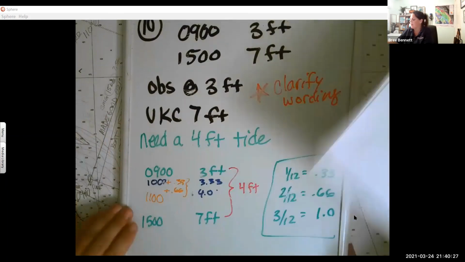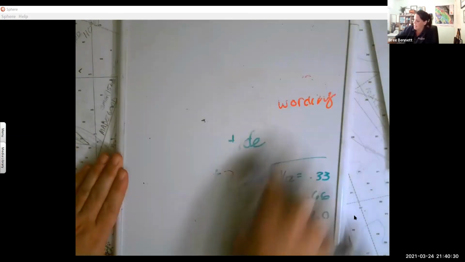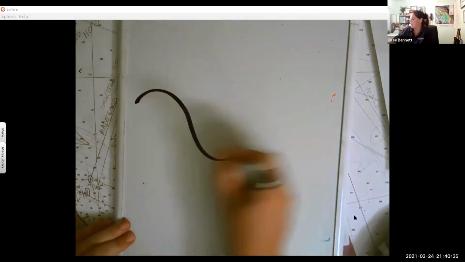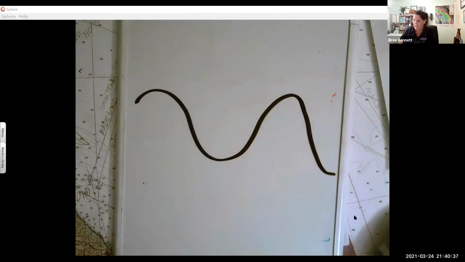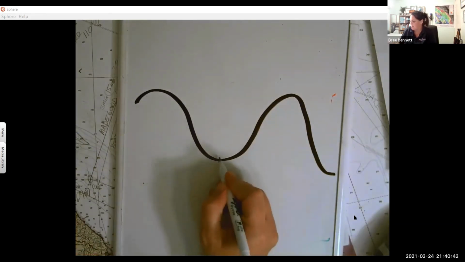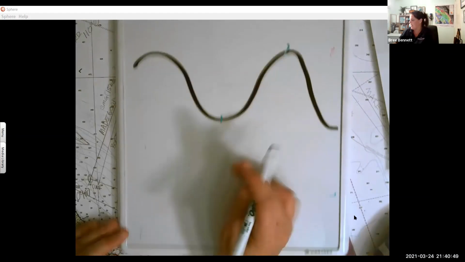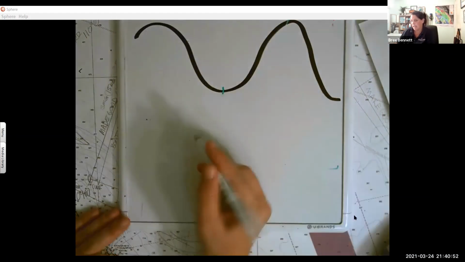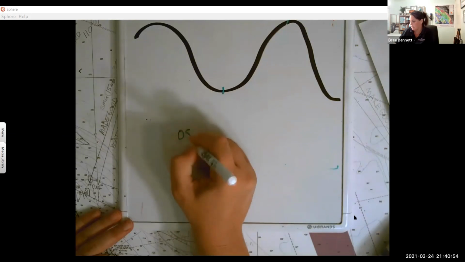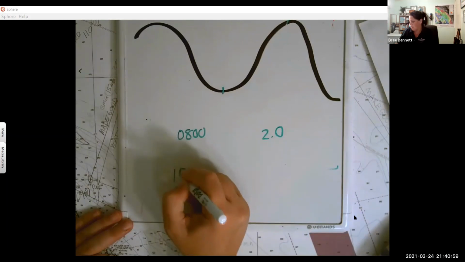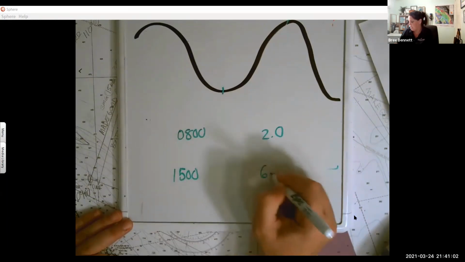But the more common one that people do is put the tidal numbers on a graph like this, rather than doing my little sandwich time, if you will, instead of like 08, 2 feet, 1500, 6 feet.